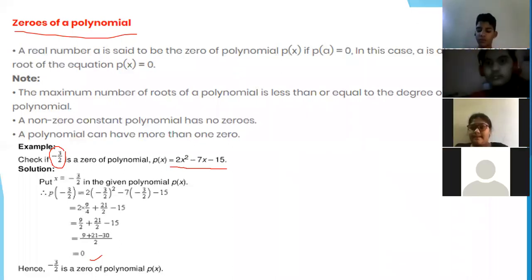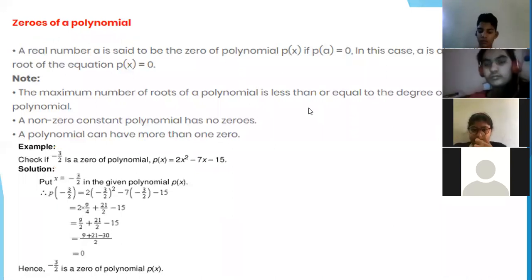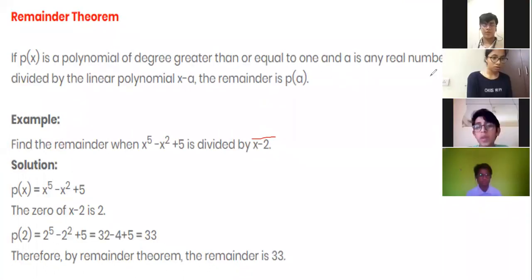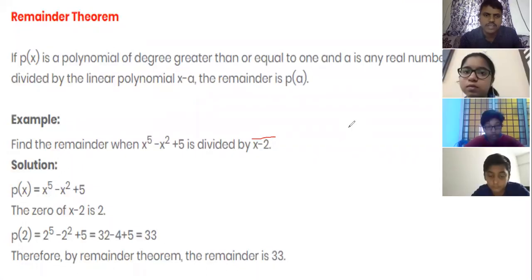Now, children, we have to do more sums. Remainder theorem. Aditya, now remember here. They given x minus 2. So what you have to substitute? 2, sir. Very good. So they given x⁵ - x² + 5.